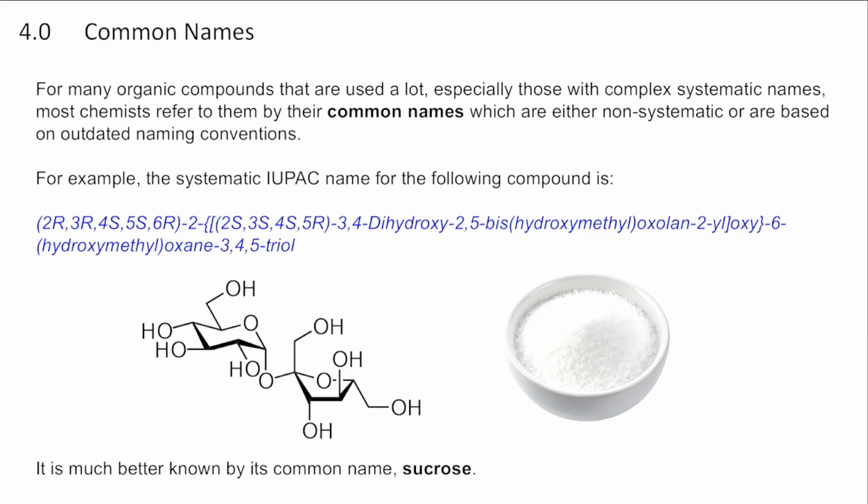And here's an example of a very common molecule that you probably use every day. This is called sucrose. Sucrose also goes by the name of table sugar, and you might put this in your coffee.